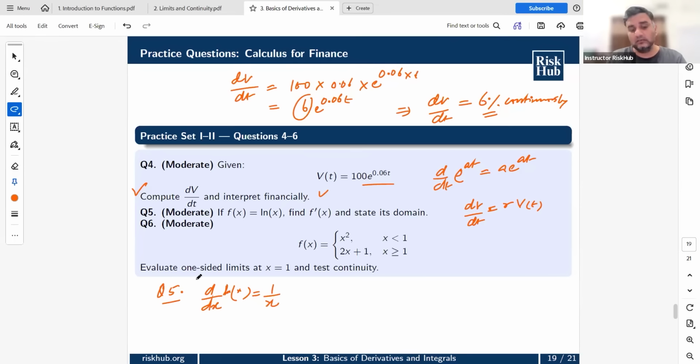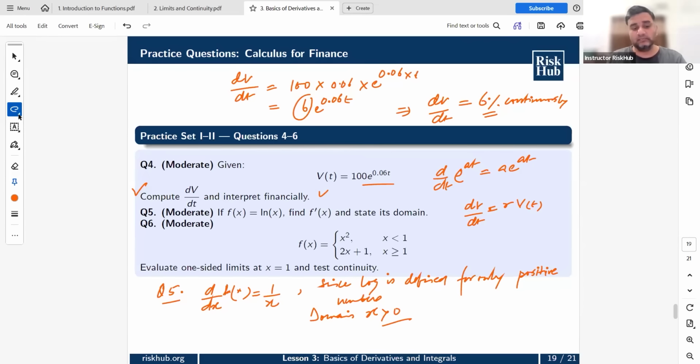Please understand, log is defined only for positive numbers, so the domain is x greater than 0, the positive numbers only.